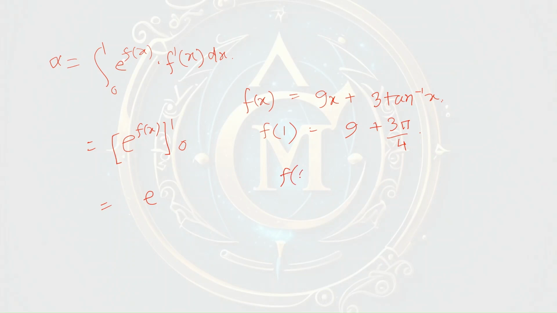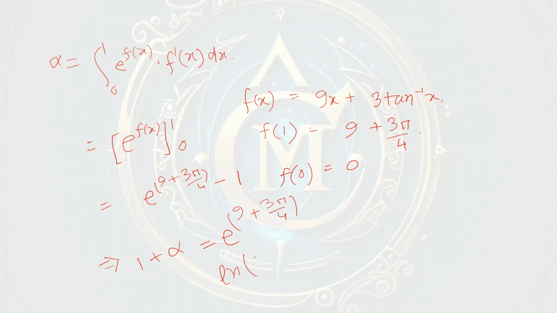And f of 0 will be 0 because x equal to 0 and tan inverse x equal to 0. Then it will be e to the power 9 plus 3 pi by 4 minus e to the power 0, so basically 1. From here we can deduce that 1 plus alpha is e to the power 9 plus 3 pi by 4.